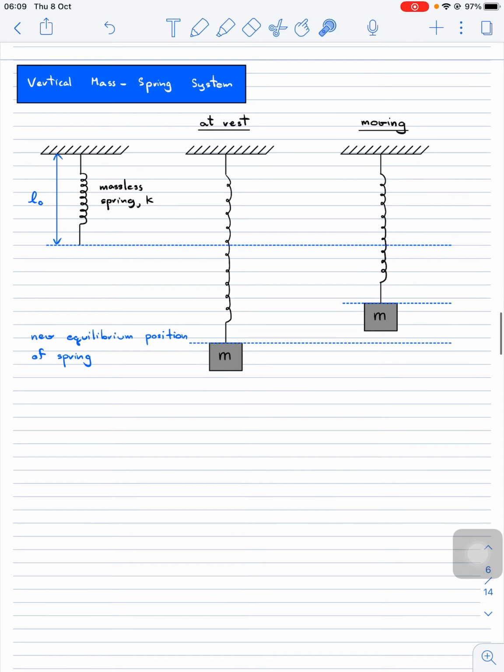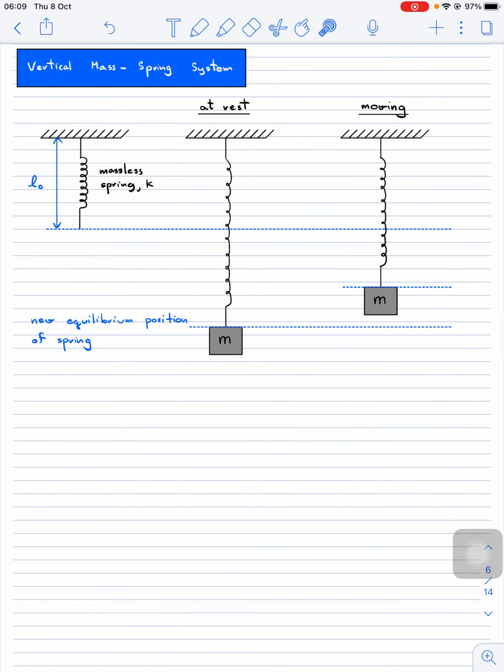But now if we put a block of mass m on the bottom end of the spring, you can see that if we hold the block m and then let it go, it is going to go down, and then it's going to stop at the new equilibrium position of the spring.